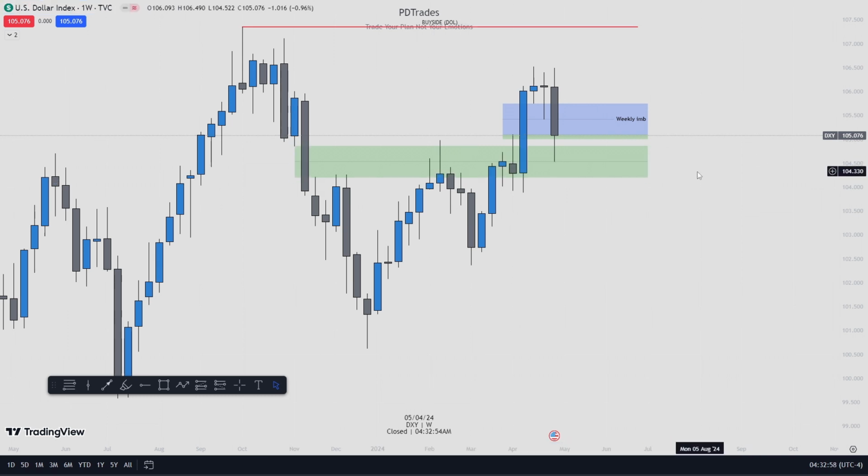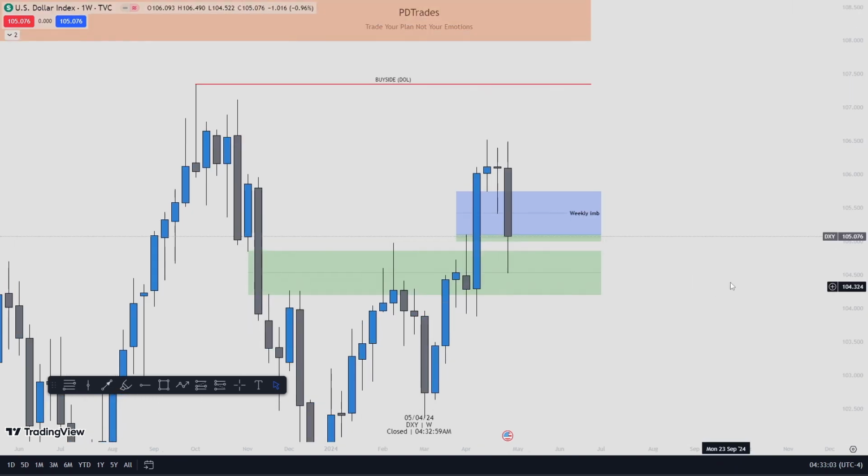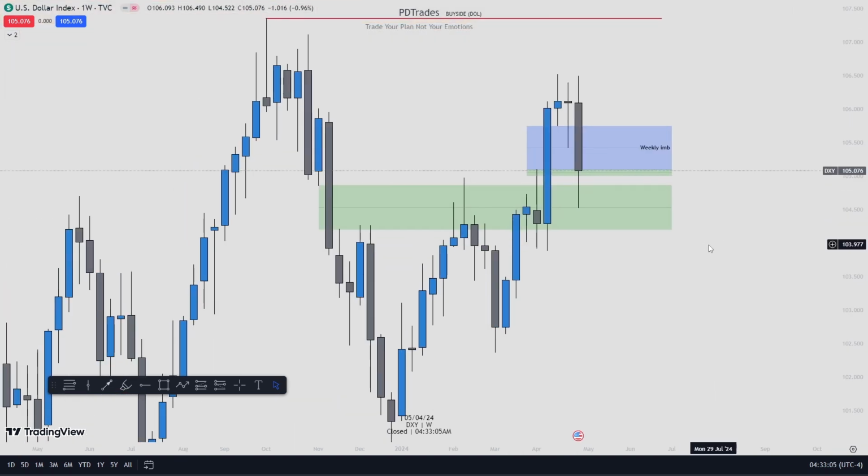The reason why I enjoy and love trading ICC concepts is that the things that you see, you'll be like, yo, you see that? Right at the midpoint, it dropped straight to the midpoint and closed above. Ridiculous, man.